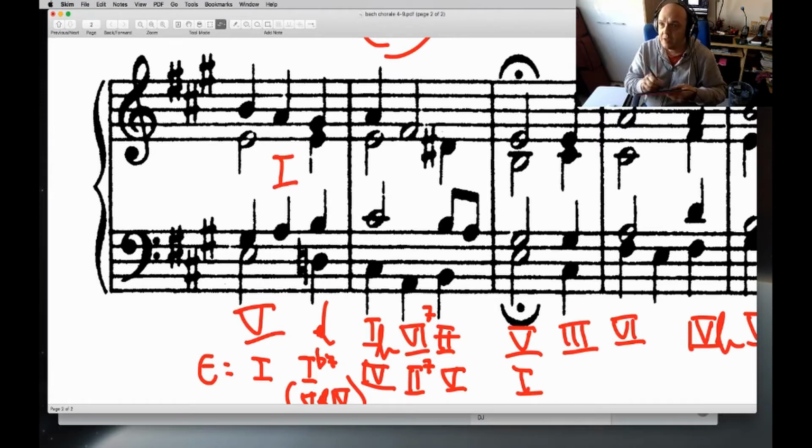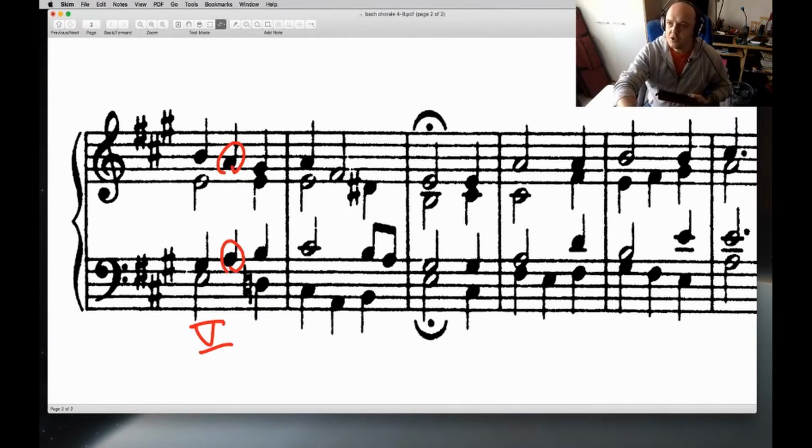You see, I have the soprano going one way and the tenor going the other. There's no C sharp, there's no third. But, you know, at a stretch, it could be chord 1 without the third. Just 2 passing notes in contrary motion.